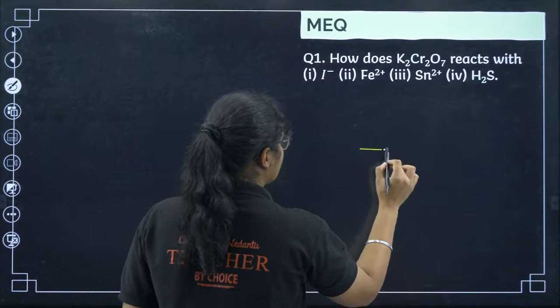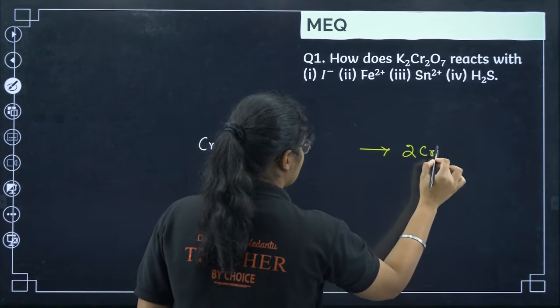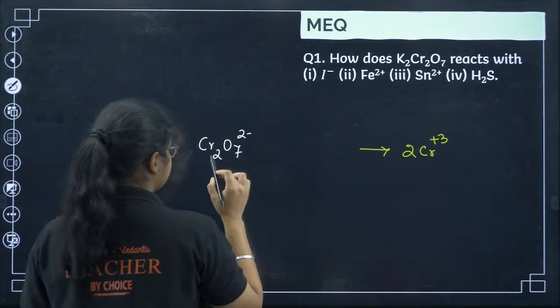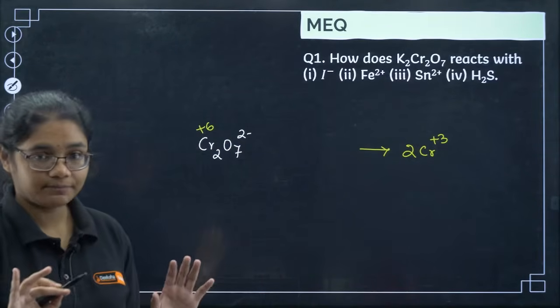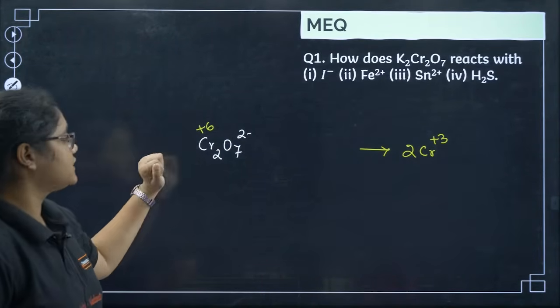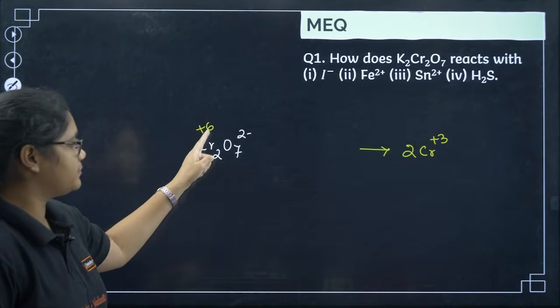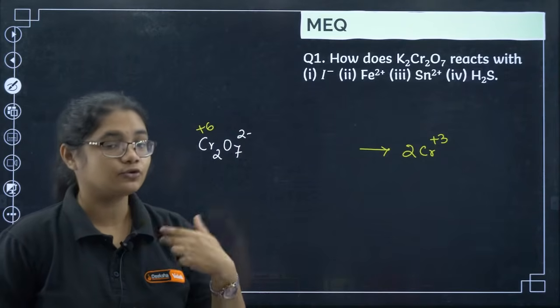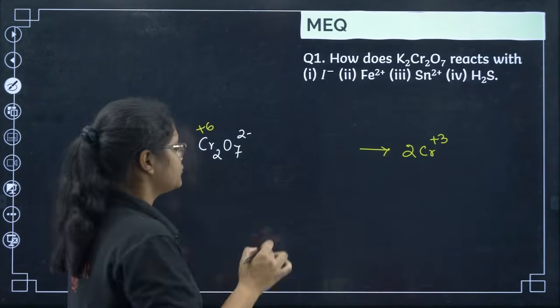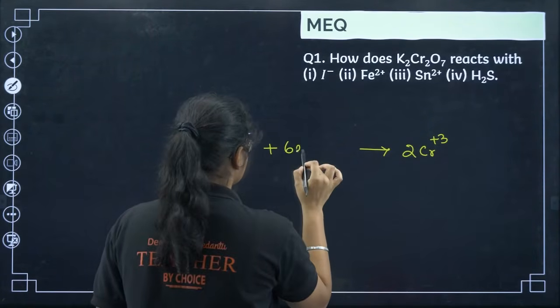it gets converted to Cr3+, plus 6 to plus 3. There is reduction. So how many electrons are gained here? Plus 6 to plus 3, 3 electrons are gained. Now 2 chromium are there, so a total of 6 electrons will be gained. So I can write here 6 electrons. Okay.